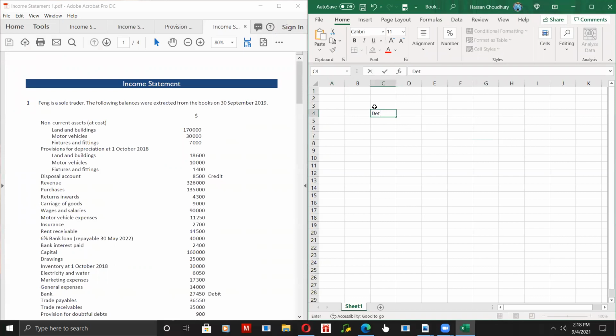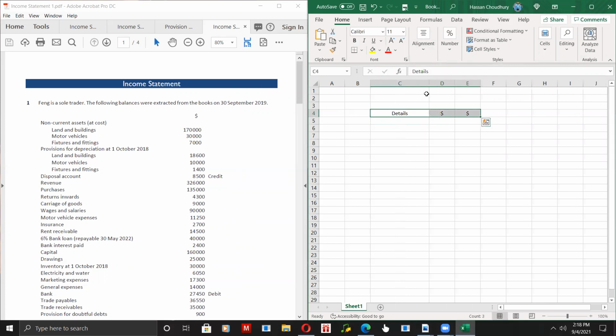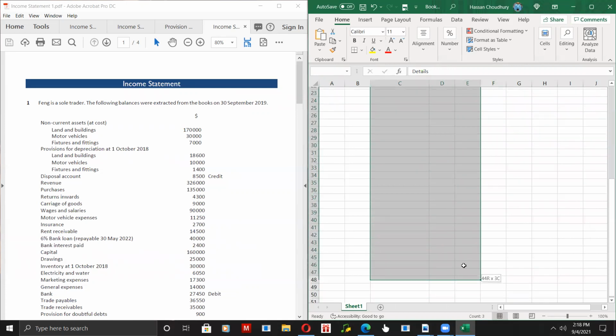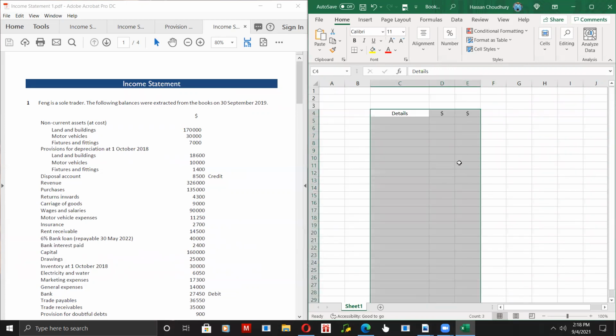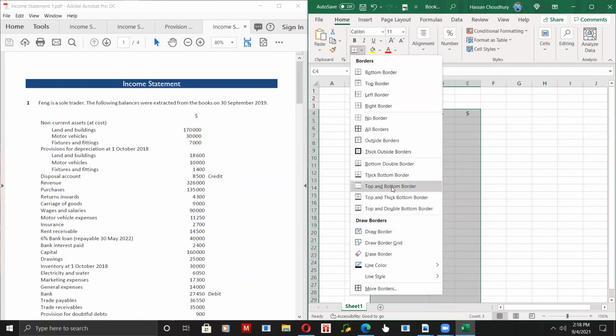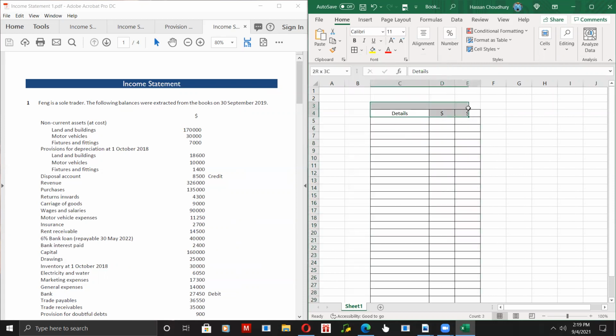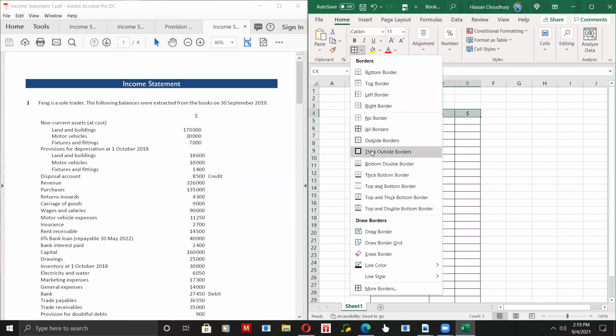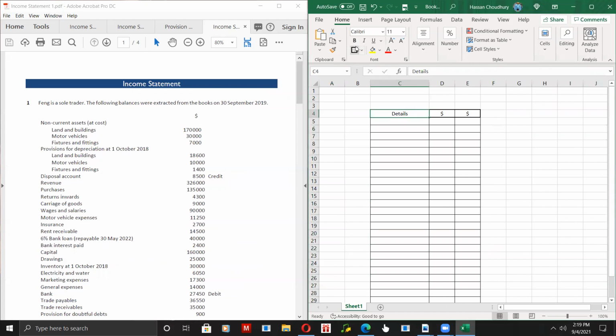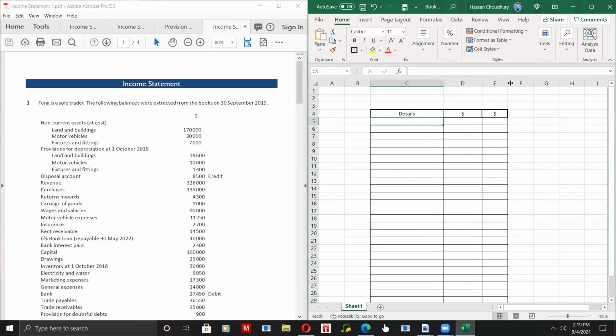Right, so we've got details, dollar, dollar. And then we've got our thick borders. Okay, so first off, we start with revenue.